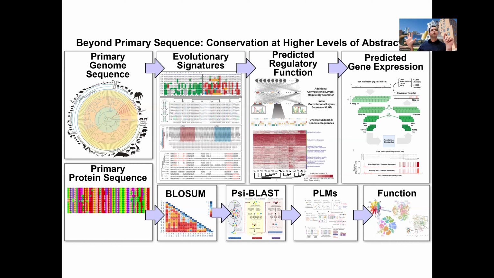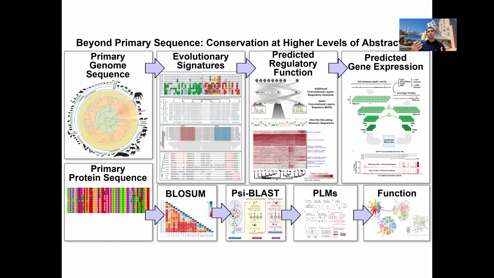Can I get a 5, 4, 3, 2, 1 as to who's with me? Awesome. So basically the key idea is that we can measure either primary sequence conservation or conservation at these higher levels of abstraction. And we've been talking a lot about this concept of measuring selection at the level of inferring function, of this representation learning paradigm.